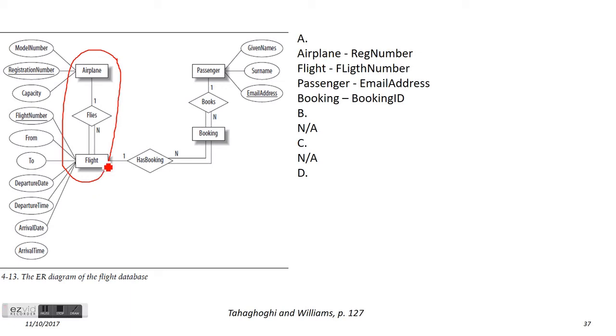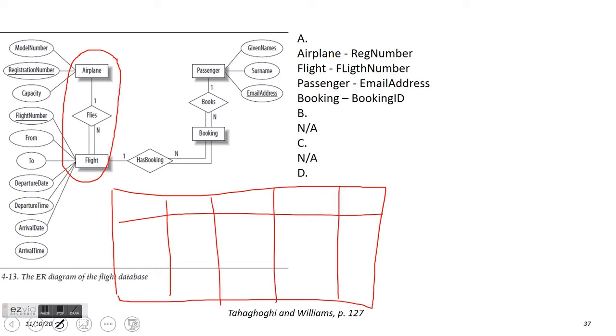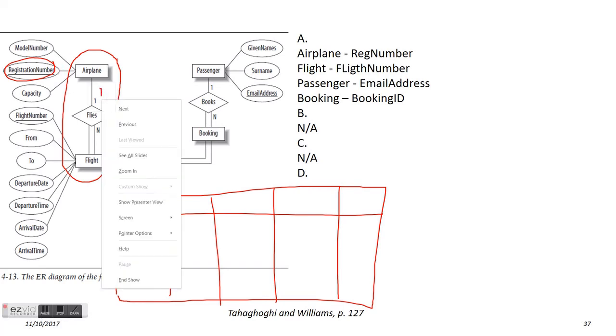What step D says, when you create a table for, say, flight, see, this is how flight may look. I'm going to add a few columns. It says, take the primary key of the table that's on the one side.